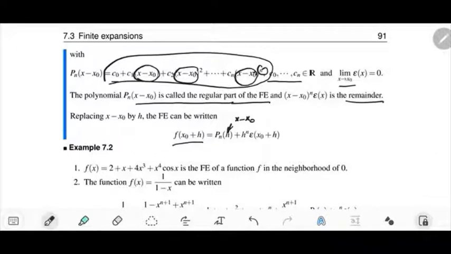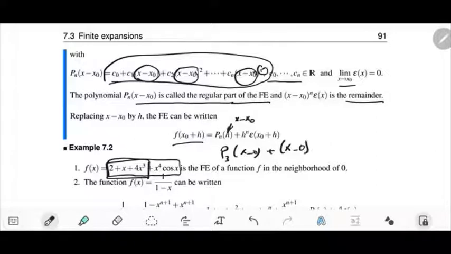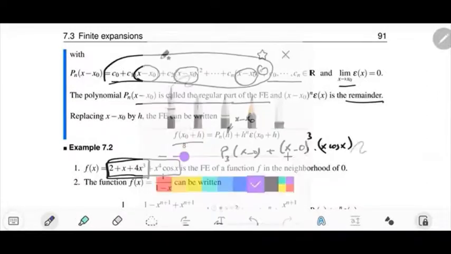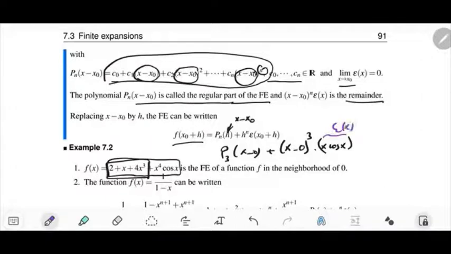Okay, let's say we take the function f of x equals 2 plus x plus 4x^3 minus x^4 cosine x. It's written as a polynomial part, a polynomial P3 of degree 3 in x minus 0, plus a part that is written as (x minus 0) to the power 3, I'm taking power 3, times x cosine x. So if we take this as epsilon of x, it goes to 0 as x tends to 0.